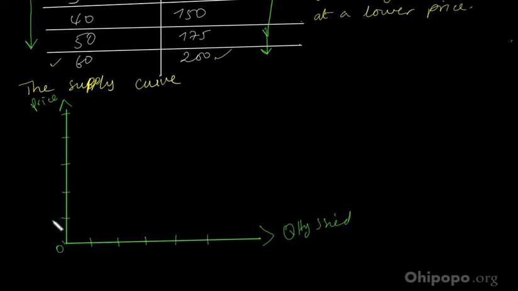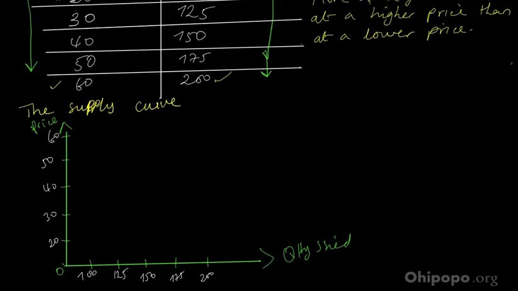This is 20, 30, 40, 50, 60. This is 100, 125, 150, 175, 200. Please, let me scroll back up.